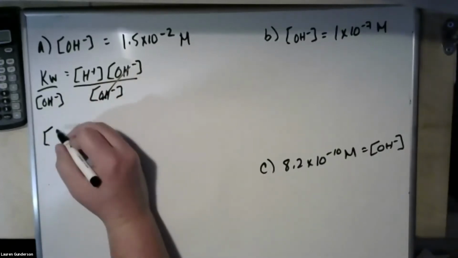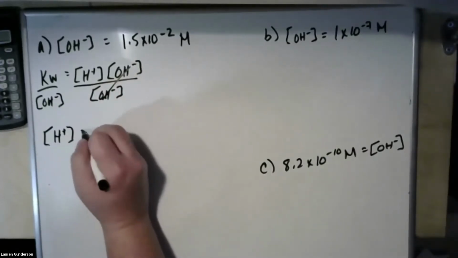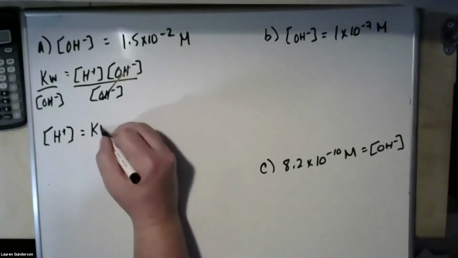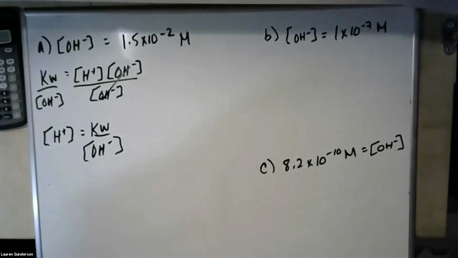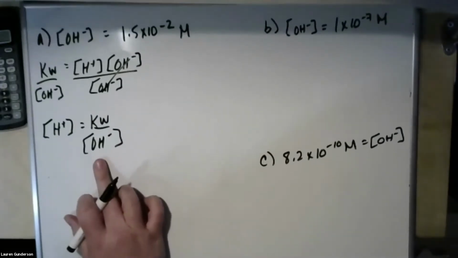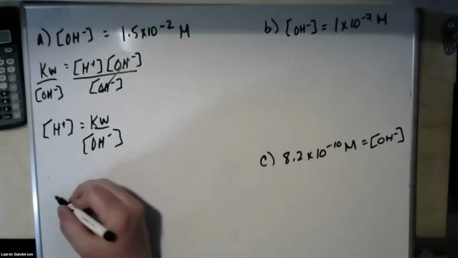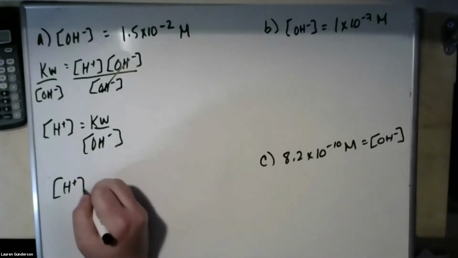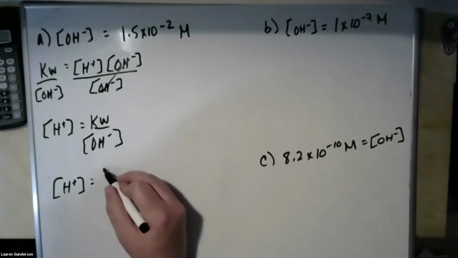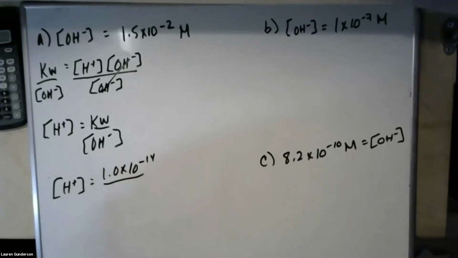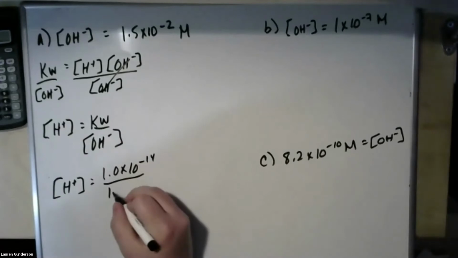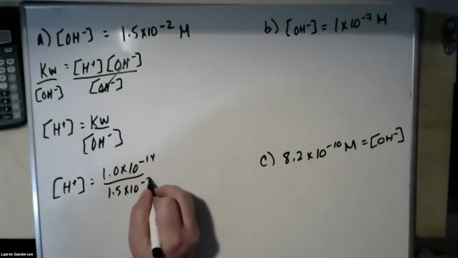And that's going to give us our hydrogen ion concentration. So this will be the formula that we can use to solve all of these. Okay, so we know that our Kw is 1 times 10 to the negative 14. In this case, our hydroxide ion concentration is 1.5 times 10 to the negative 2.